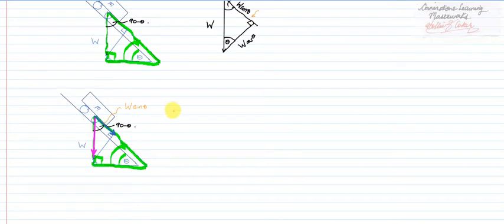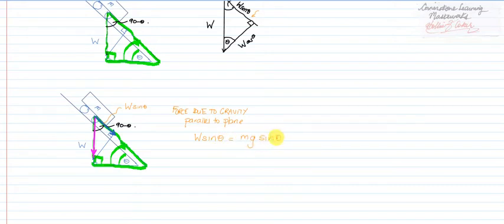So the force parallel to the plane, the full effect of the force due to gravity parallel to the plane, will be equal to W sine theta, which is the same as the mass of the object times g times sine theta.